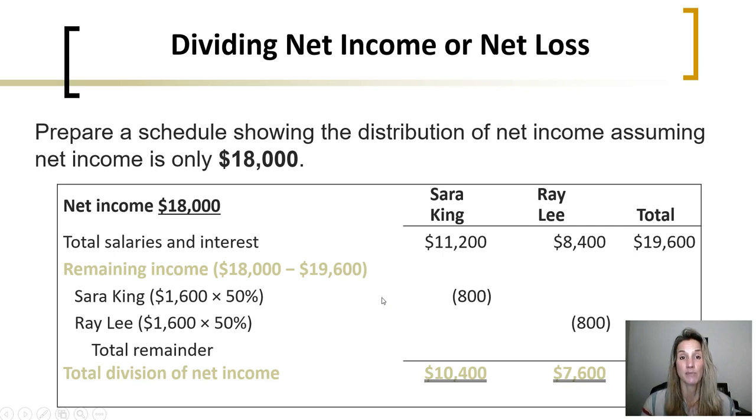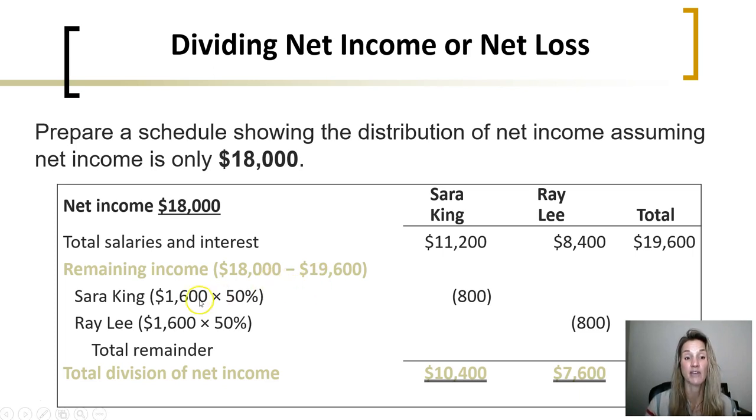However, there are times when the amount of net income is not enough to cover the salary and the interest. For example, what if the company had only earned net income of $18,000? Recall that the total salaries and interest were $19,600. We have a deficit. We are $1,600 in net income less than what the partners are owed based on salaries and interest.